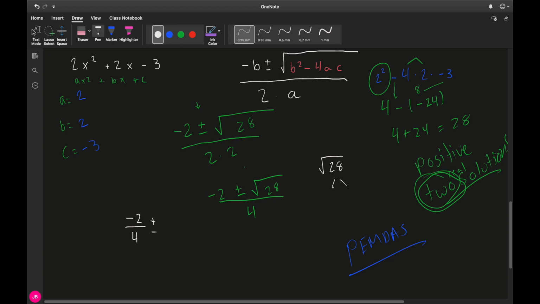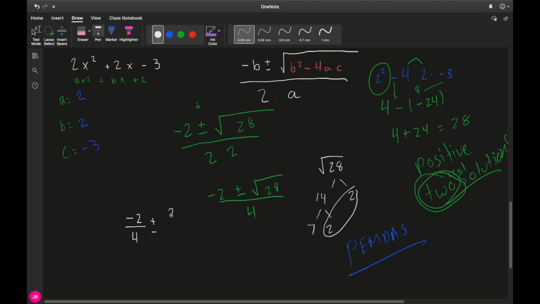Well, 28 is 14 times 2, and 14 is 7 times 2. And look at that, since we have this 2 here, we can take that 2 out and leave a 7 inside.